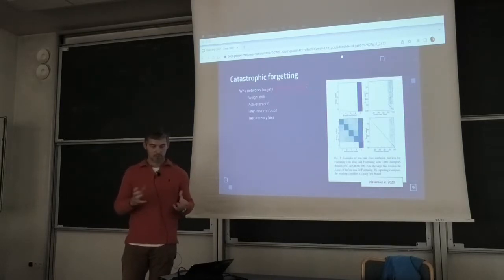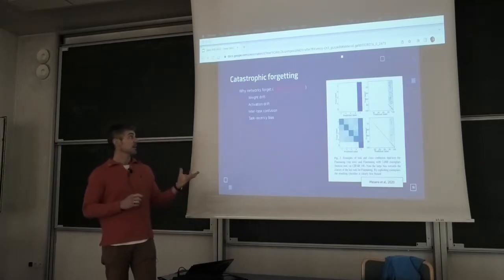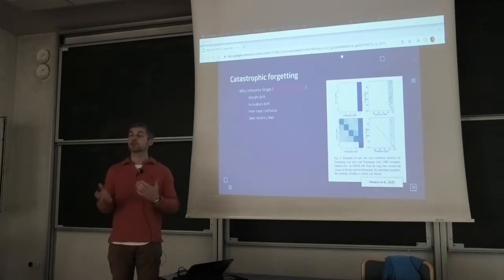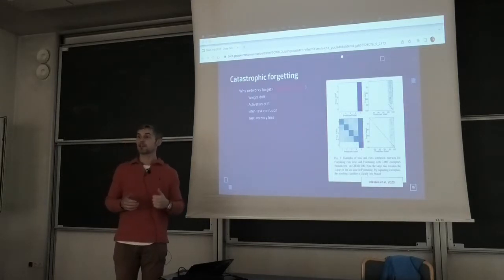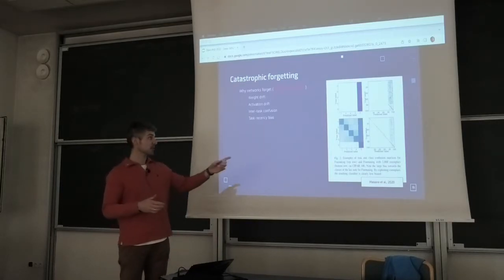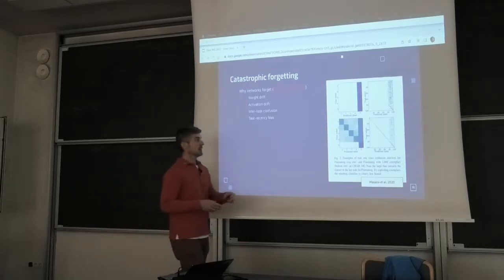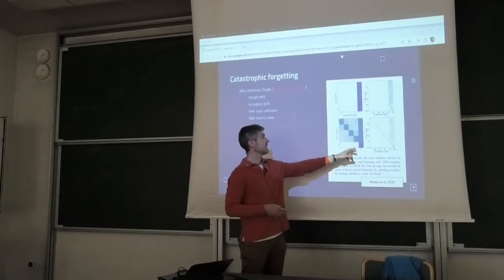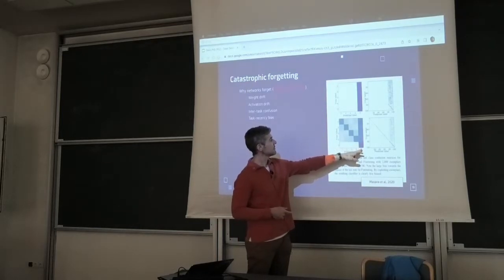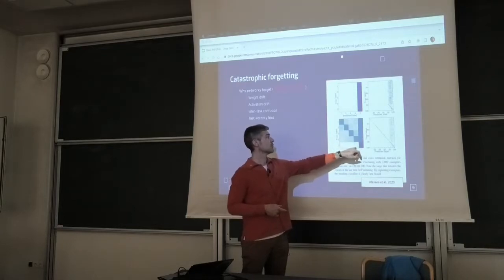Another problem that we observe is the task recency bias, which means that the model would confuse your data with the data that has been seen more recently. So this forgetting is sort of gradual. If you look at the confusion matrix here, say you go from 1 to 5.